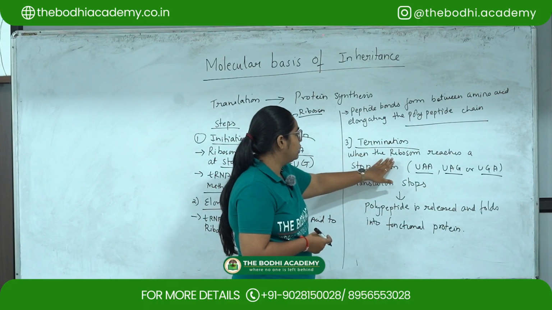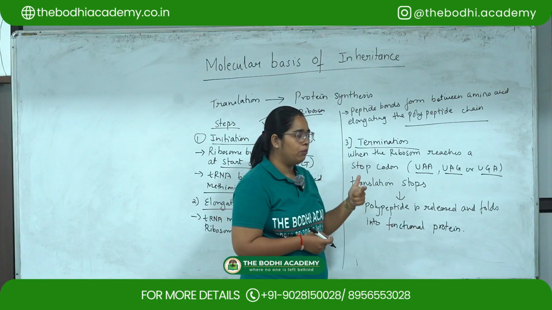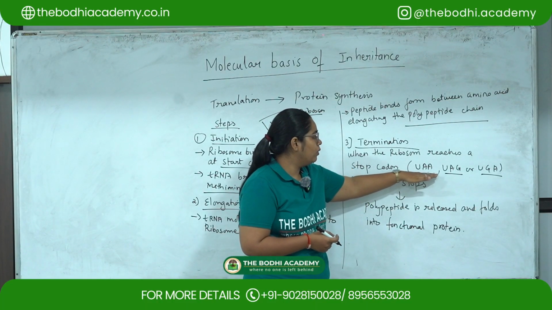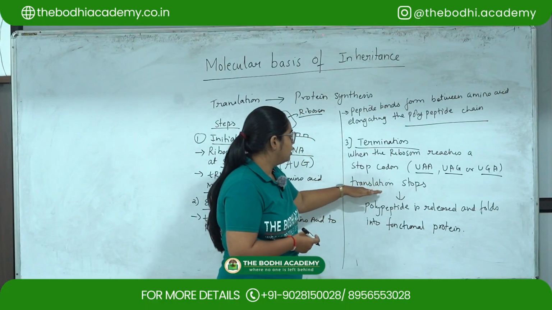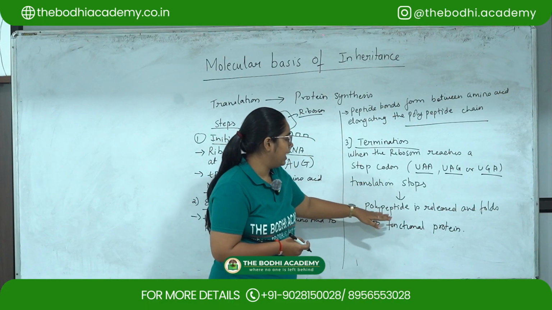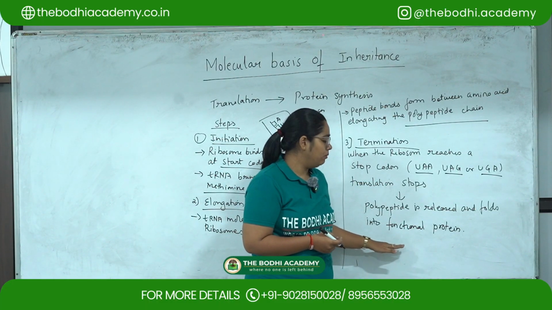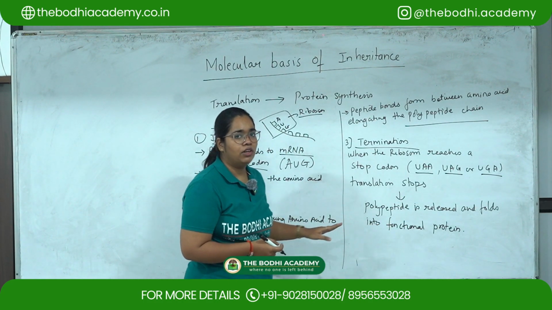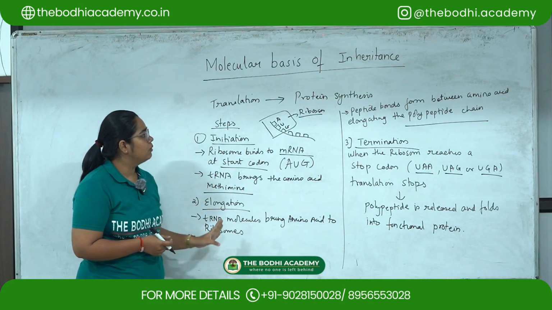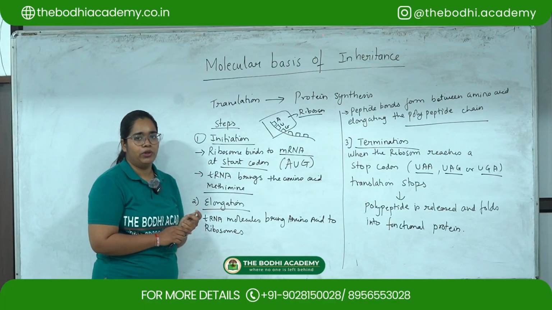Then there is termination when the ribosome reaches the stop codon, that is UAA, UAG and UGA. Then translation stops and the polypeptide formed is folded into a functional protein for further functioning of the body. So this is the process of translation, that is protein formation.